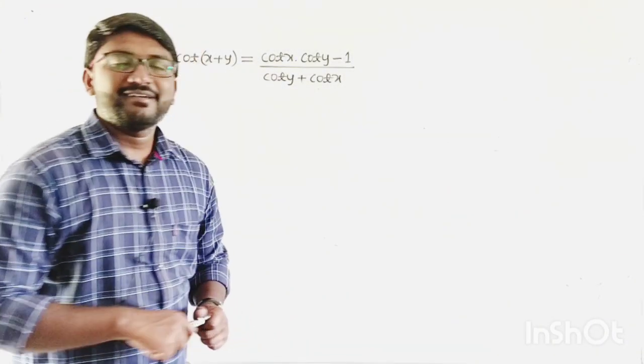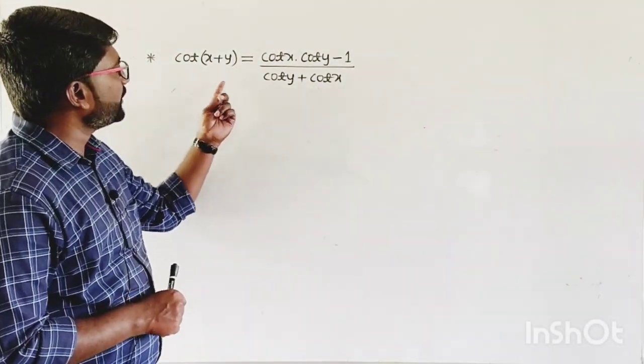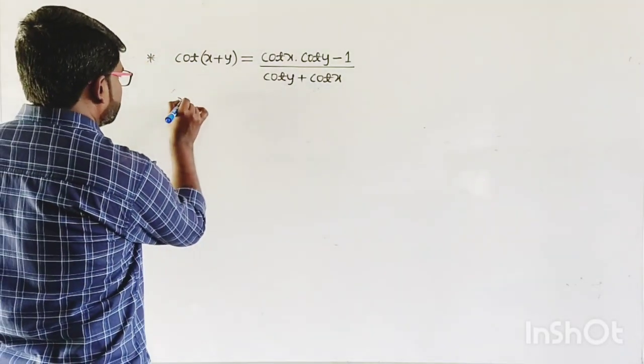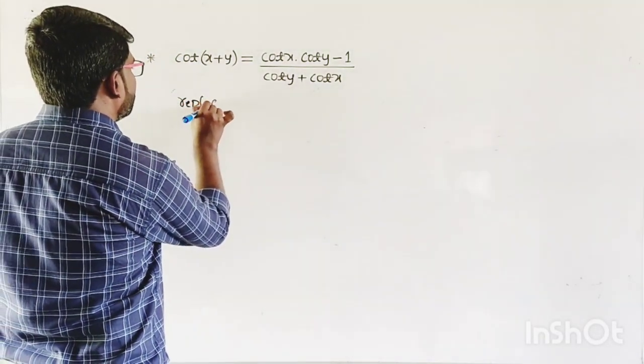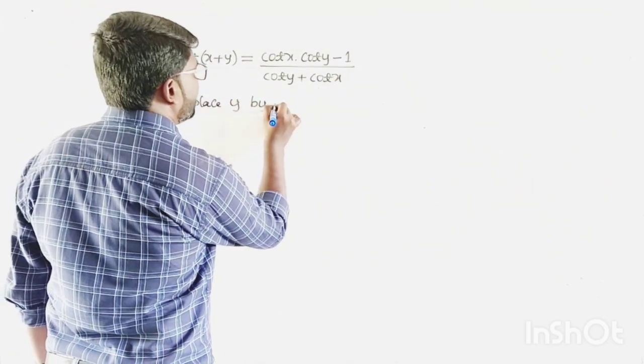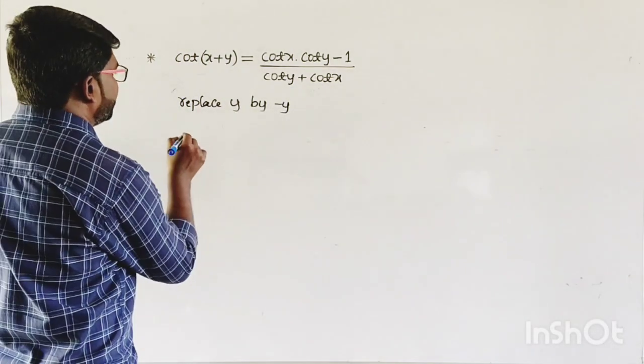Well, if we replace y by minus y, we get the formula for cot of x minus y. So let us do that now. Replace y by minus y. So what do we get now?